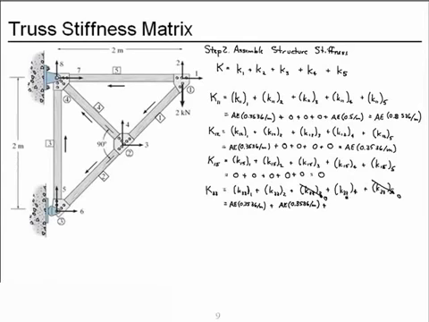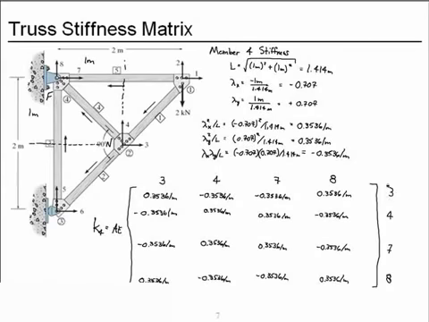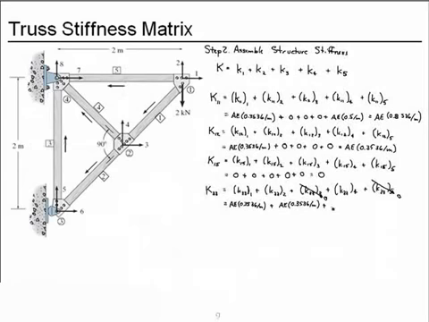And we add from member 4, row degree of freedom 3 and column degree of freedom 3, this quantity. When we add those together, we get 1.0608 per meter times AE.